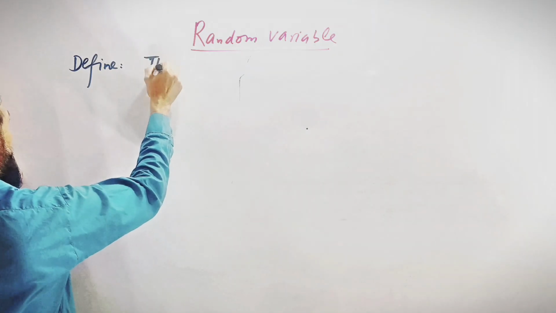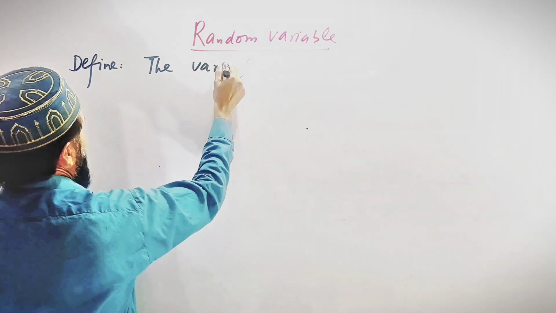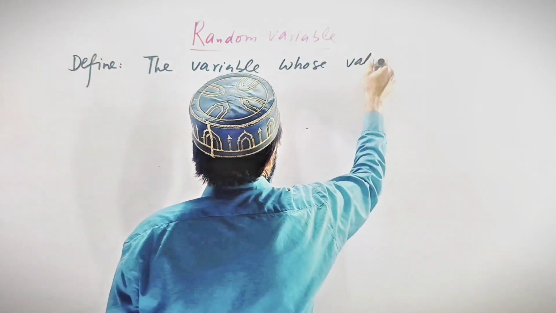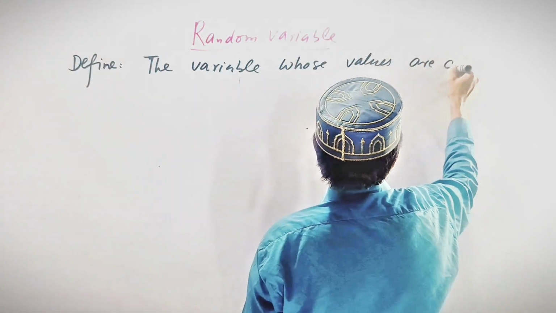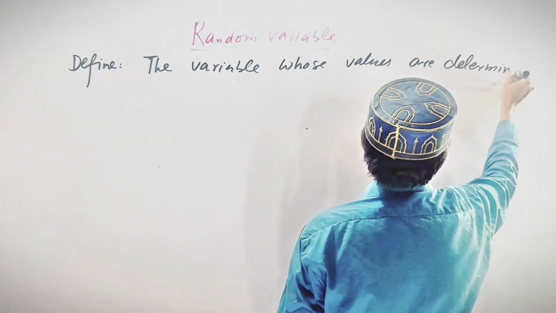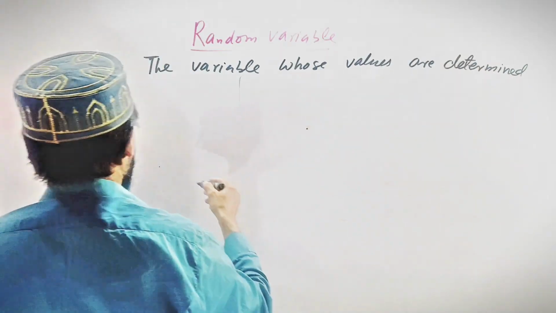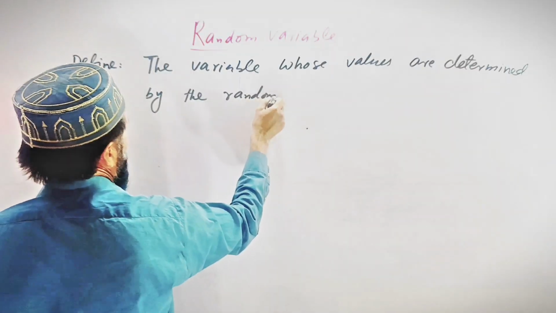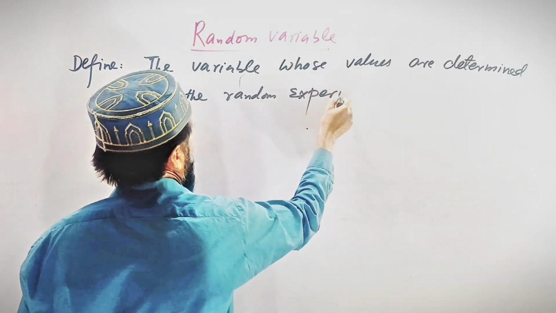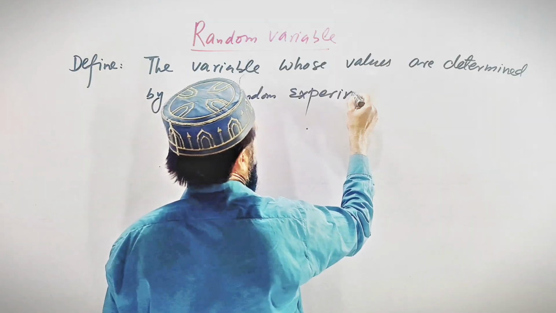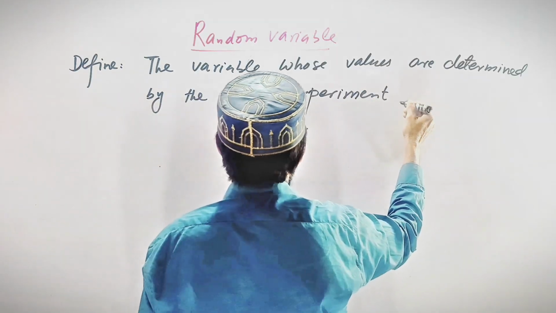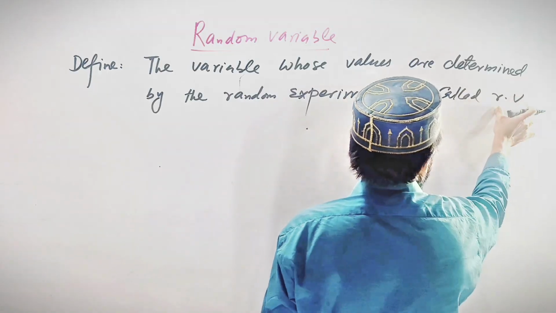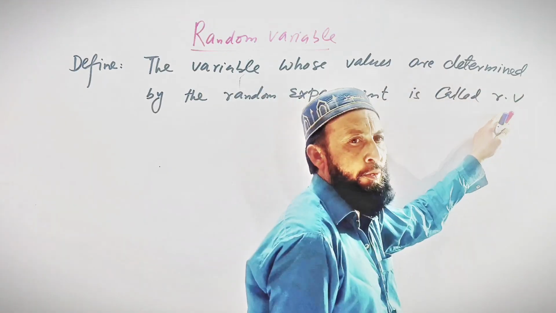The random variable: the variable whose values are determined by the random experiment is called a random variable.